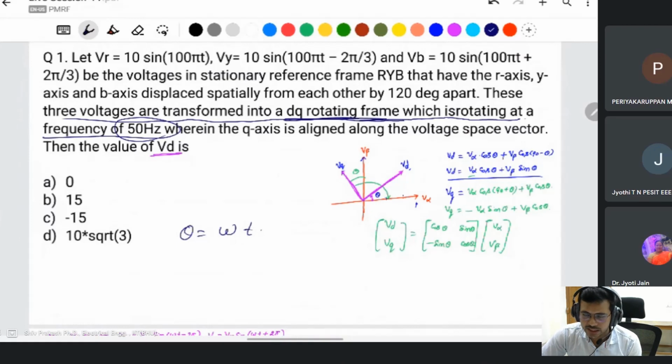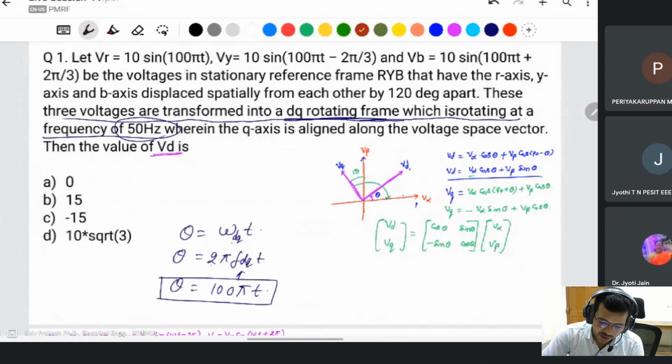Since this omega is different, I can take it as omega dq, so theta is omega dq t, where the dq frequency is 50 hertz. Omega dq is 2 pi f dq into t, so theta will be 100 pi t.